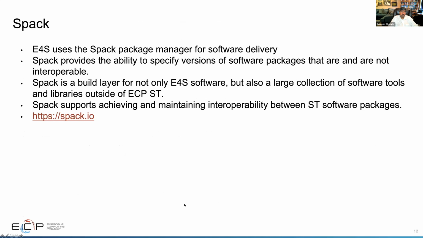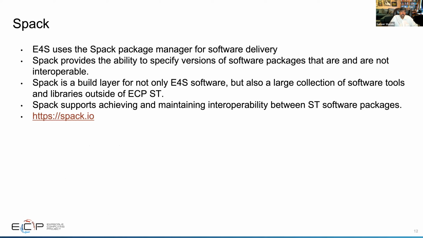So we use Spack as the package manager for software delivery. And you may be familiar with other package managers. Maybe you have used Yum, you have used APT, or other systems.